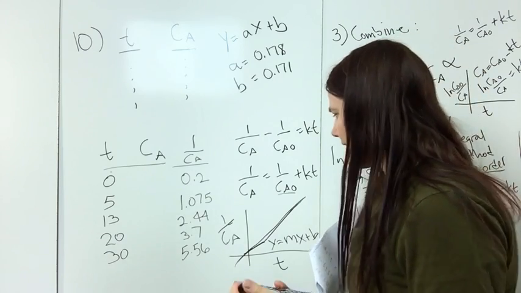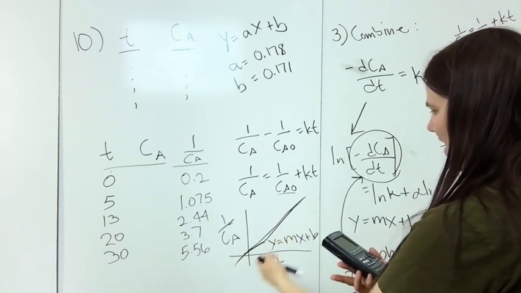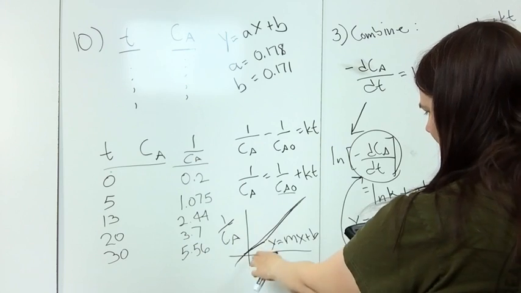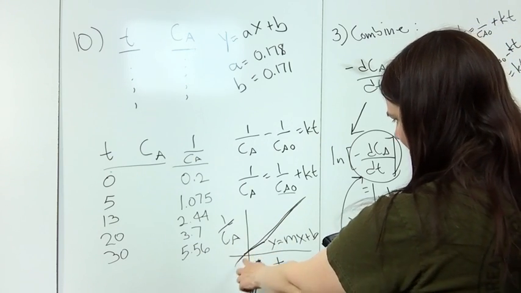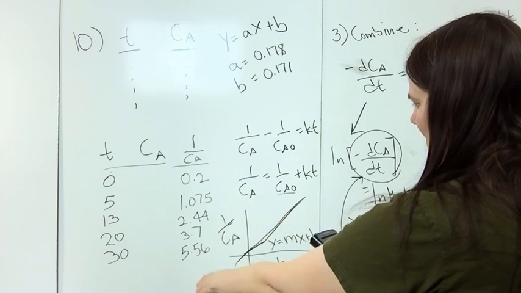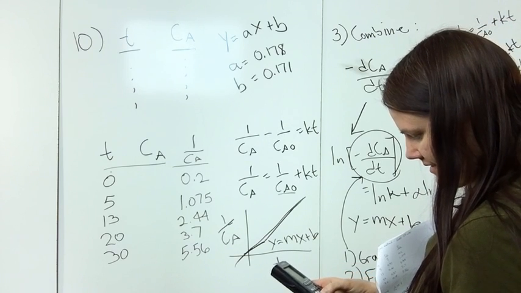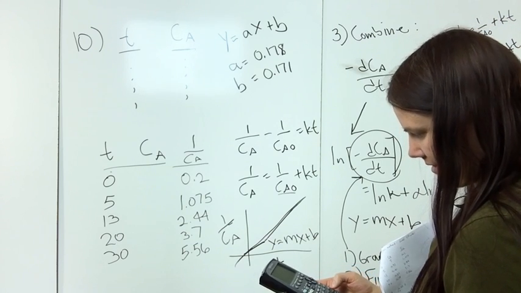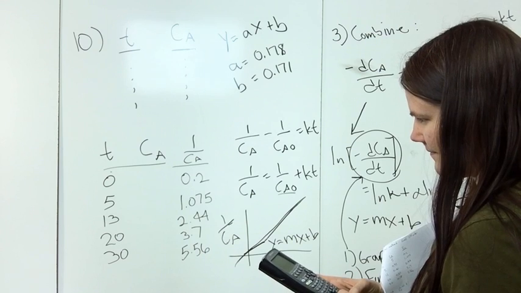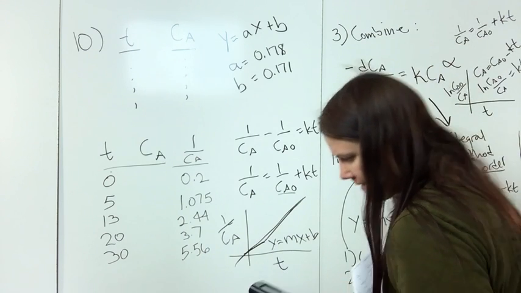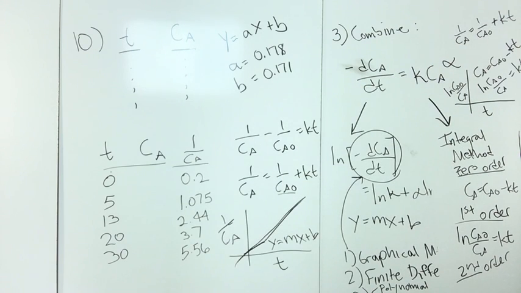And if you don't want to do this on your calculator, you could plot this and figure out where the y-intercept is, which should just be 1 over CA naught. So let's go back here real quick. What was CA at 0?